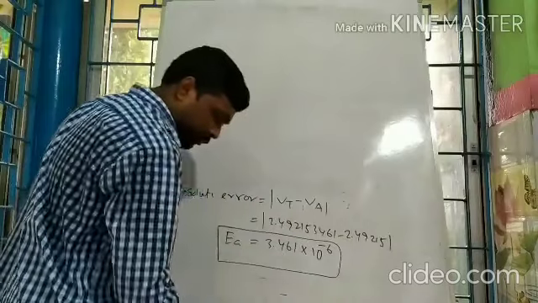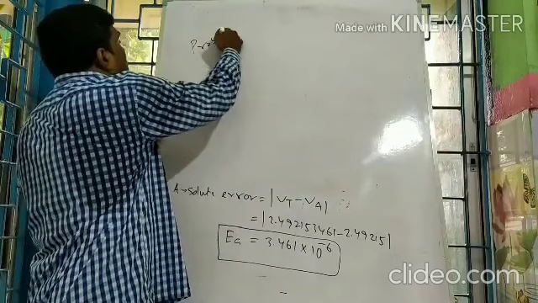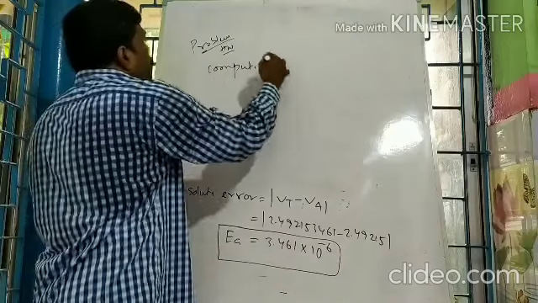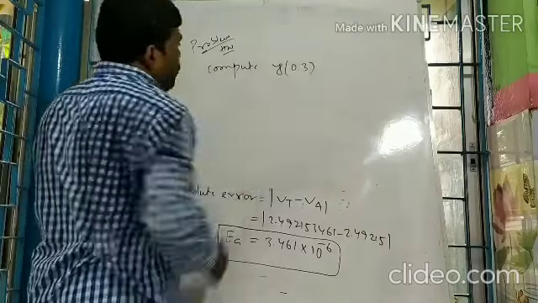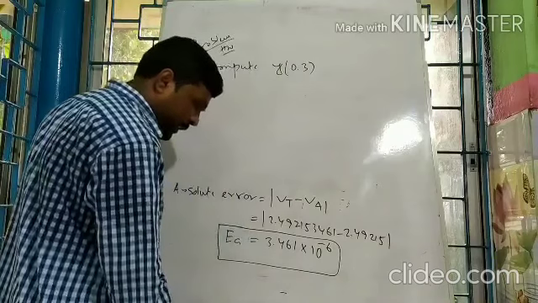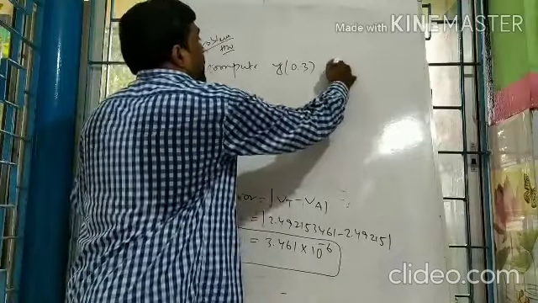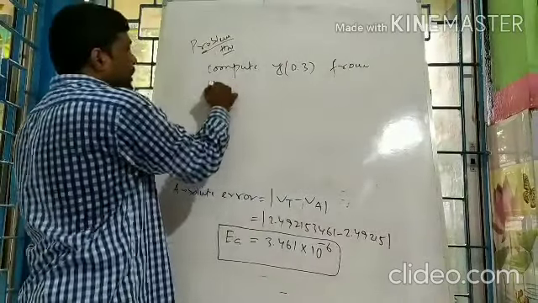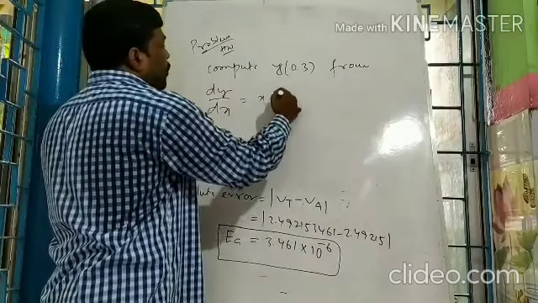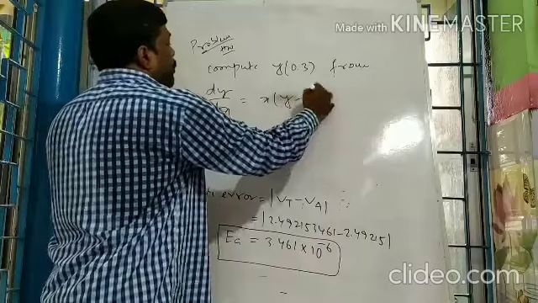Compute y(0.3) from the differential equation dy/dx equals x into y minus 2.